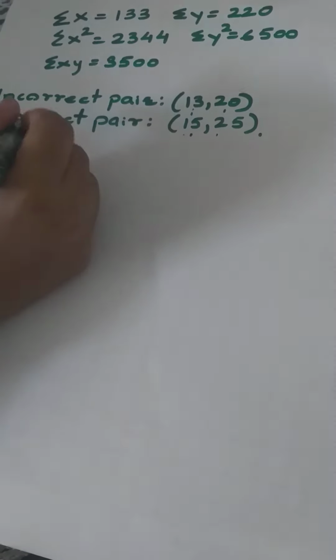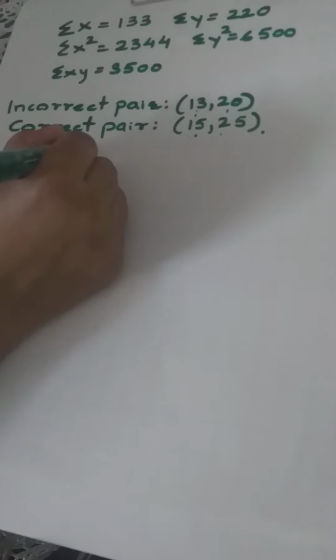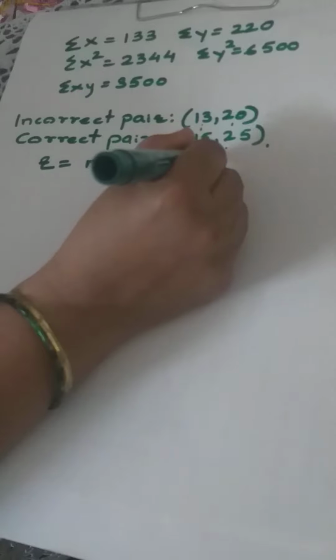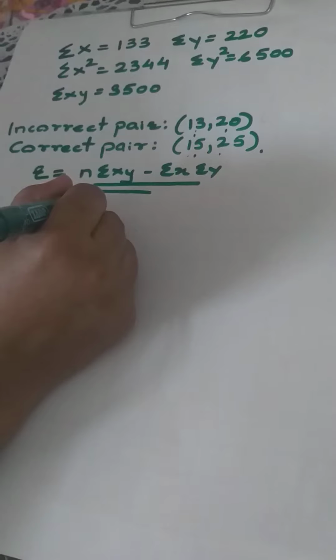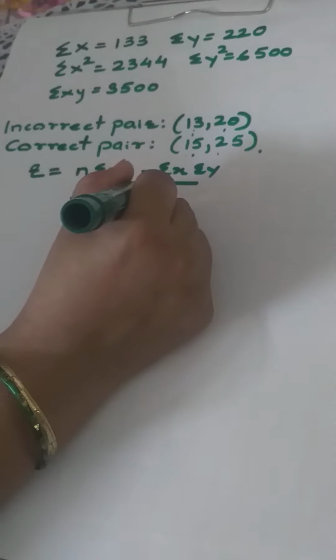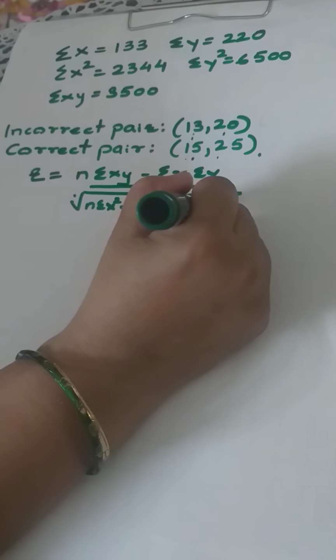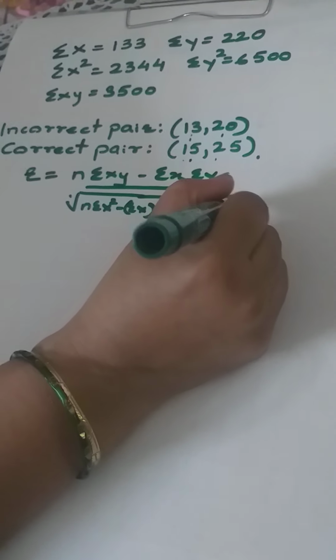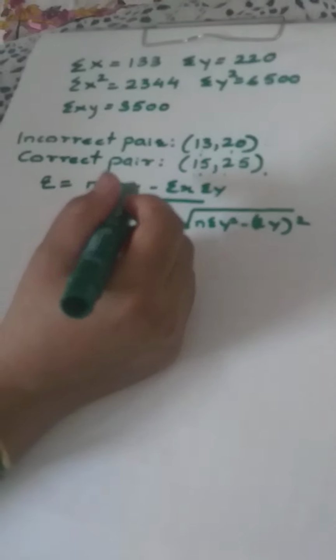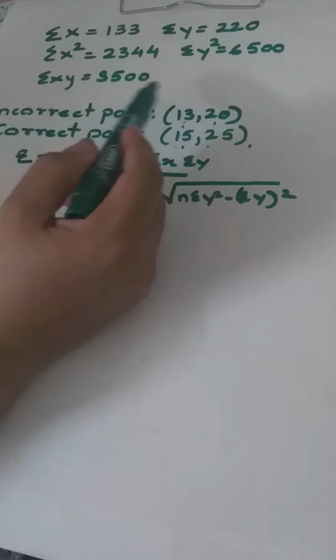So here, in order to find the correlation coefficient, the formula is n summation xy minus summation x summation y upon square root of n summation x square minus summation x whole square into n summation y square minus summation y whole square. Now here I am given these values but I need to correct them, right?